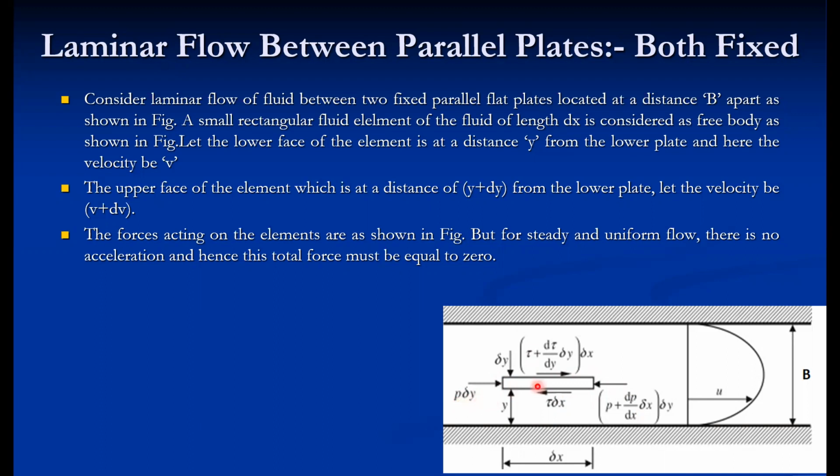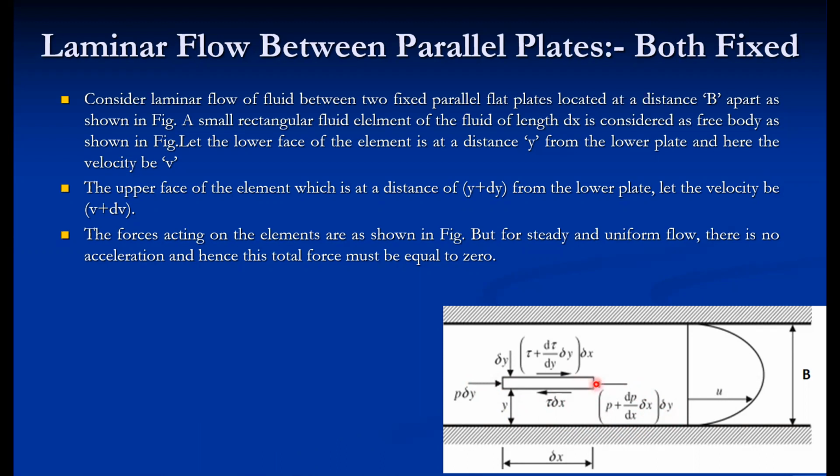So P into dy. The pressure force acting on the right face is P plus ∂P/∂x into dx, into dy. This pressure intensity we obtain using Taylor's expansion. Then the shear force acting on the bottom face is tau into area.